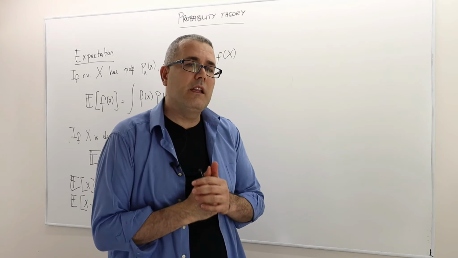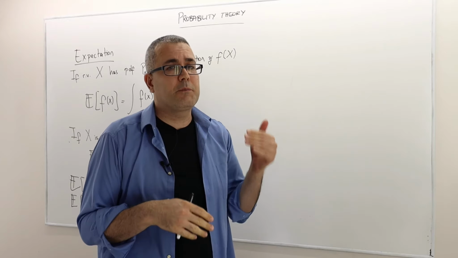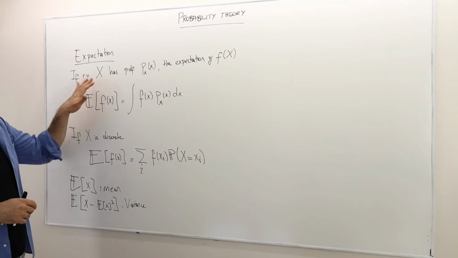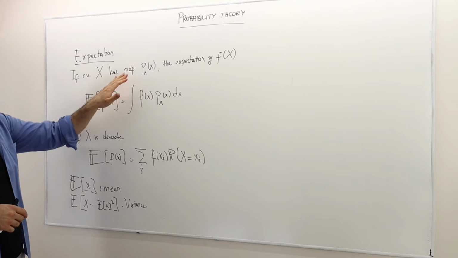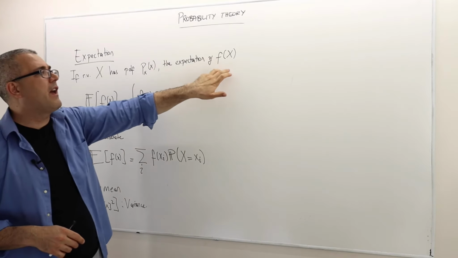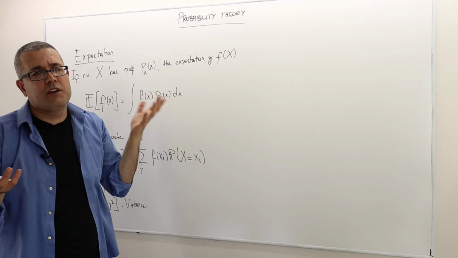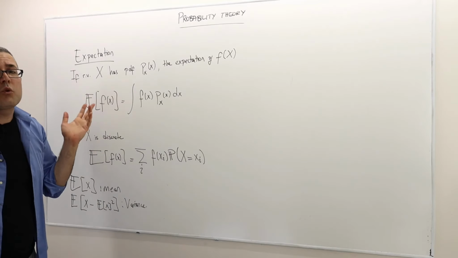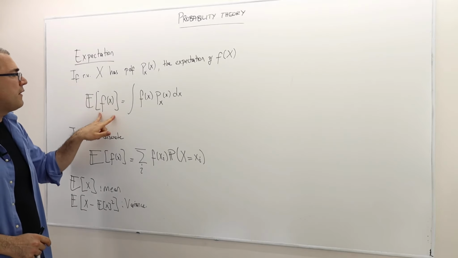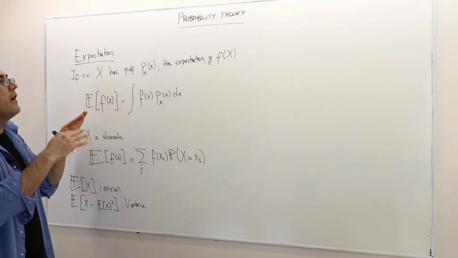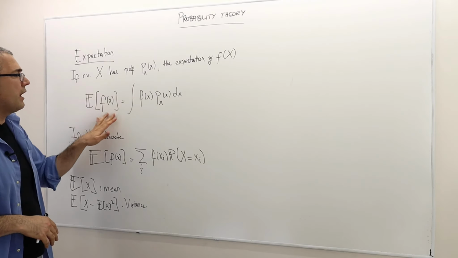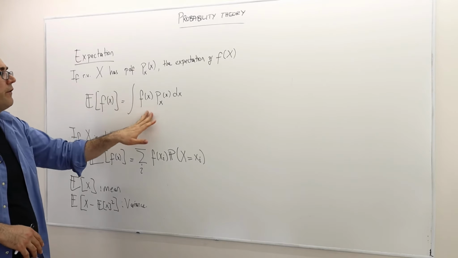Okay, so finally, let's talk very briefly about expectation, the expectation of a random variable. If my random variable x has a probability distribution function p(x), then the expectation of f(x), where f is any function of x, for example x squared or x plus y, is the integral of f(x) p(x) dx.